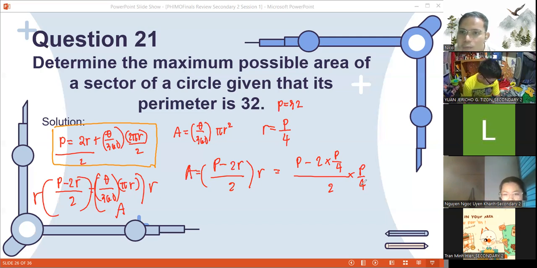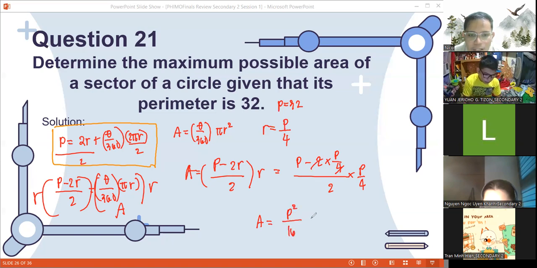So the area is now equal to, cancel 2, P minus 2, P minus 2, cancel, P squared over 16.